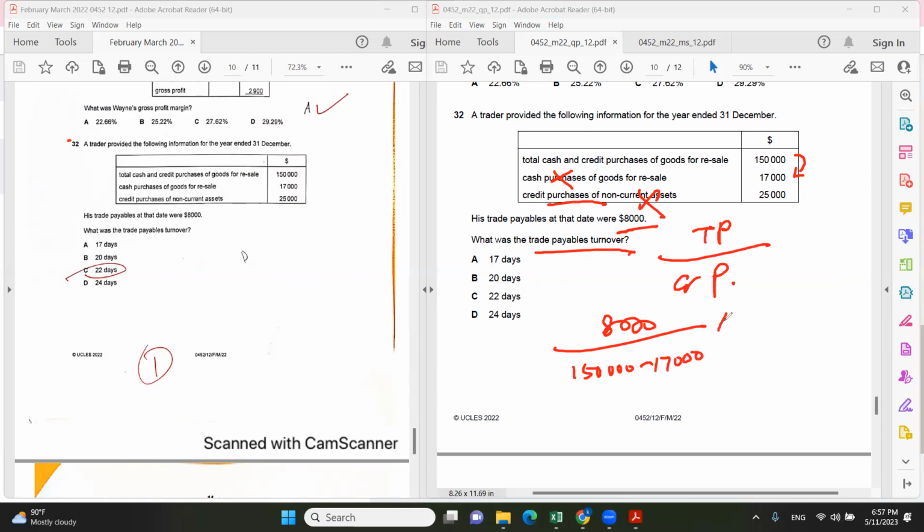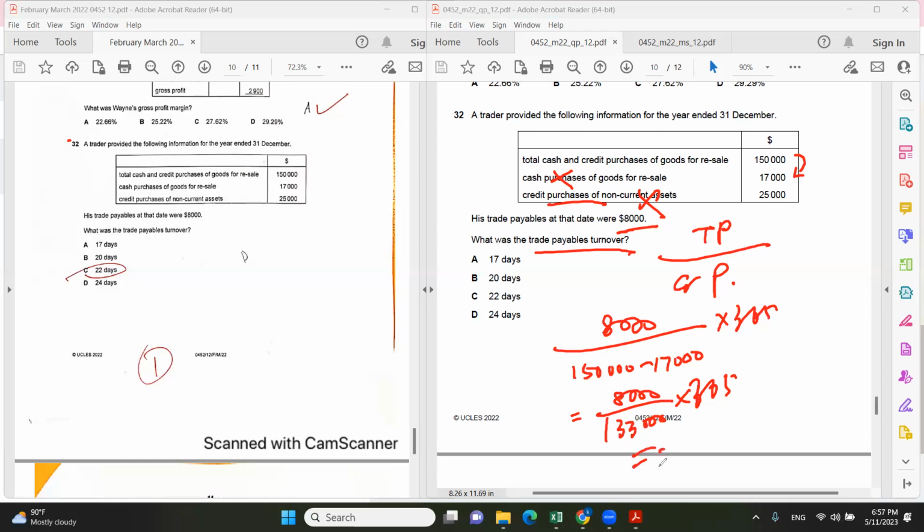Then times 365. So we get 8,150 minus 17. We get 8,000 divided by 133 times 365 days. So 8,000 divide 13300 times 365.